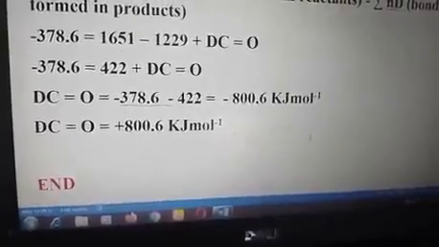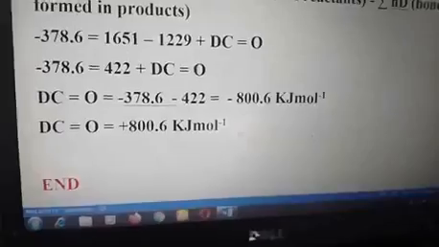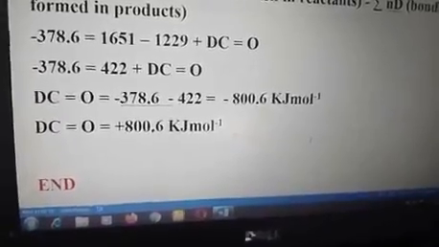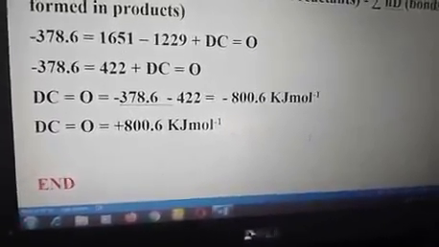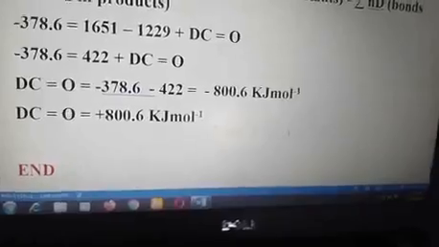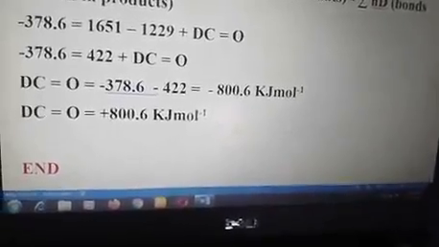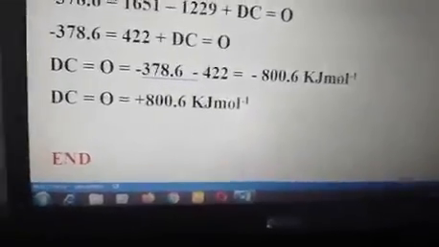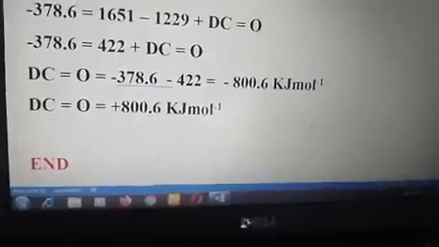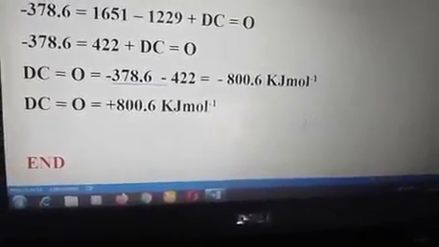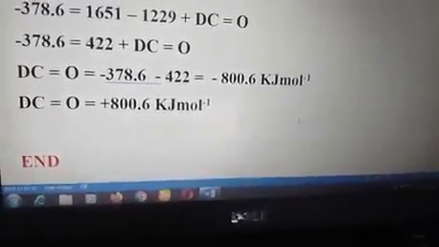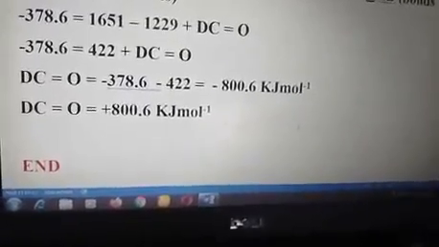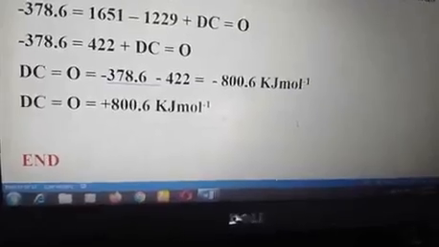D(C=O) gives us minus 378.6 minus 422, and that will give us minus 800.6 kilojoule per mole. And bond dissociation is an endothermic process. That is why the value was changed to plus 800.6 kilojoule per mole, because bond dissociation is an endothermic reaction.